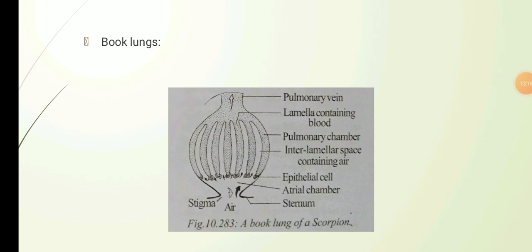The book lungs are found especially in the scorpion, and I have already focused on book lungs during the general characteristics. Remember, book lungs are found in pairs: four pairs of book lungs are located in the third, fourth, fifth and sixth segments of the mesosoma, with one pair present in each segment.